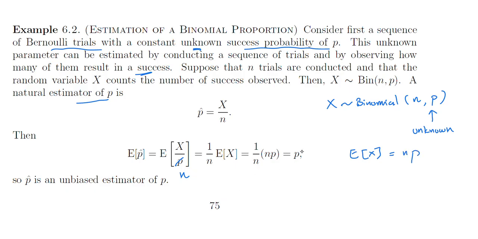So we ended up with p. Good, very good. Since the expected value of p hat equals p, we can say p hat is an unbiased estimator of p. It's a good one.